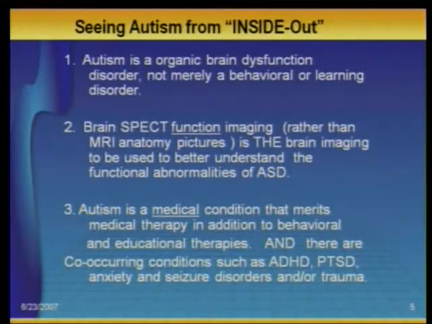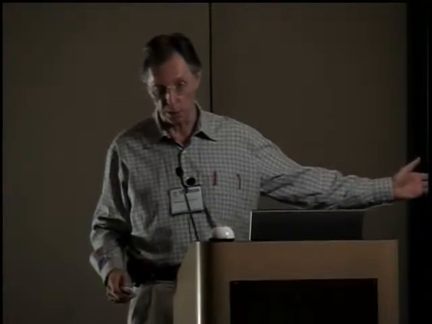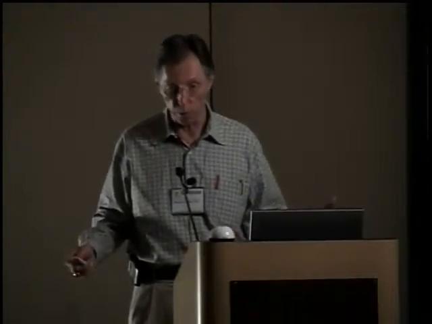Here's one of the take-home points that I see in using this: we're not using SPECT imaging to make the diagnosis of autism. We've already said that's a clinical analysis. And the scan itself in autism is going to be abnormal because there's abnormal function in all of these individuals.